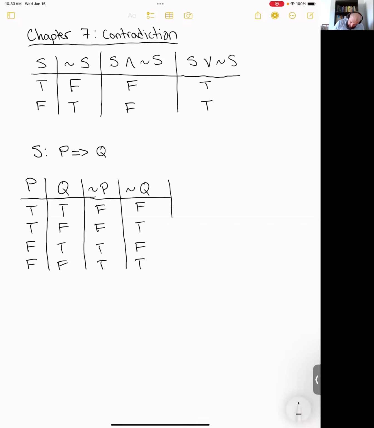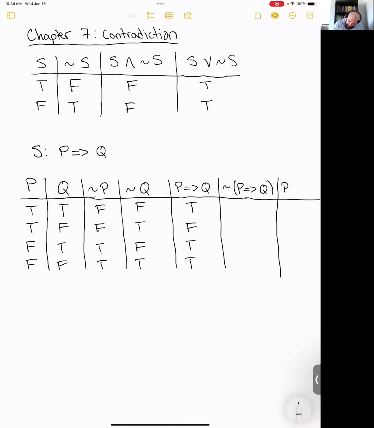Okay. And a little bit more significant is we can take the implication definition here. And so we know that the only time that's false is if a true implication implies a false one. And then we want the negation of that. And the last column will be P and not Q. So the negation is just the opposite. So we get false, true, false, false.